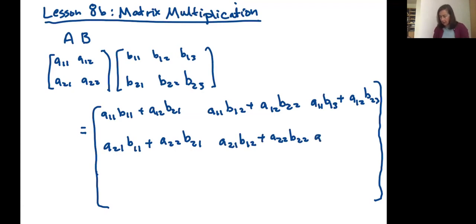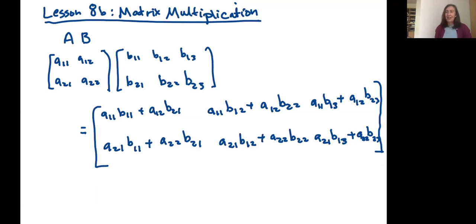So it's A21 B13 plus A22 B23. And that's it. Okay, that was kind of a lot. I'll erase to make a little more space here. This is my product.